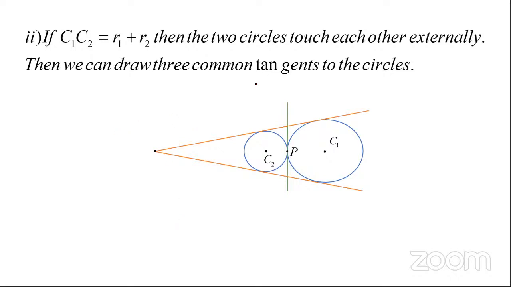We can draw only three common tangents here. So C1C2 equals R1 plus R2, where this length is R1 and this one is R2. This is the distance between the centers. Then the two circles touch each other externally, and we can draw three common tangents.